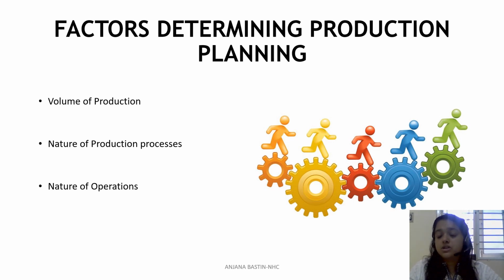But in mass production, where there's a protocol placed everywhere, where everyone has to adhere to the standards and do the production, we differentiate from the one we have in job shop. So here the nature of production process is very important. In job shop, workers put their own creativity and talent to increase efficiency, but in mass production and other production systems, they had to focus on the standards placed by the organization and work accordingly. It was not left to their imagination. They have to do it as per the same protocol given to them.